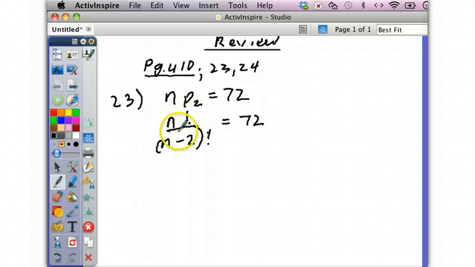So we want to find n, and here's the way of finding it. Write it down. n factorial is nothing more than n times 1 less than n, which would be n minus 1. What's the next one? n minus 2, and so on.